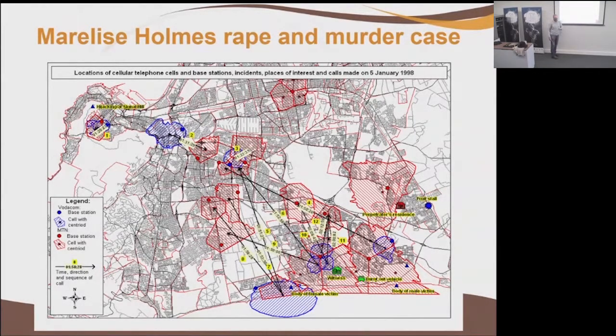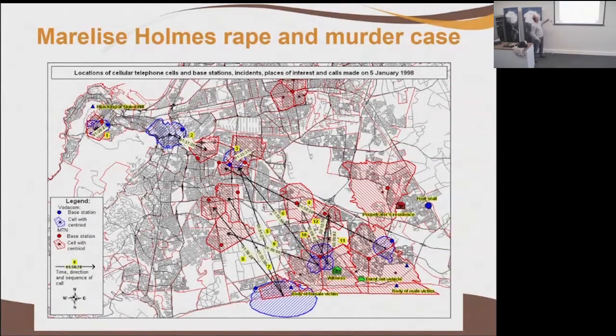The suspects themselves had a cell phone, and when they kidnapped the people, they took their cell phones and started communicating with each other because they now had two vehicles. Part of the gang was in the one vehicle, which they used themselves, and the hijacked vehicle with the kidnapped people in it was the other one, and they needed to communicate with each other.